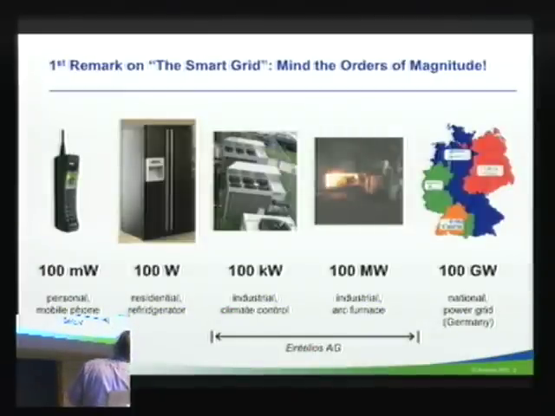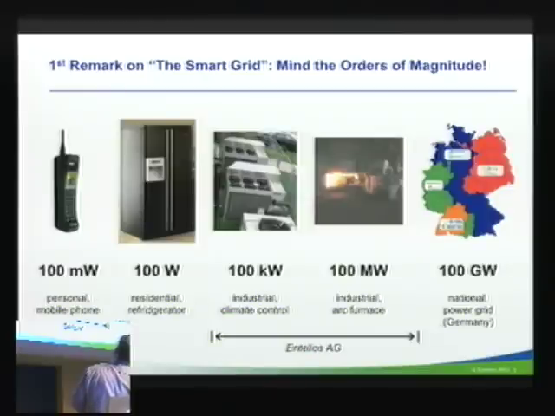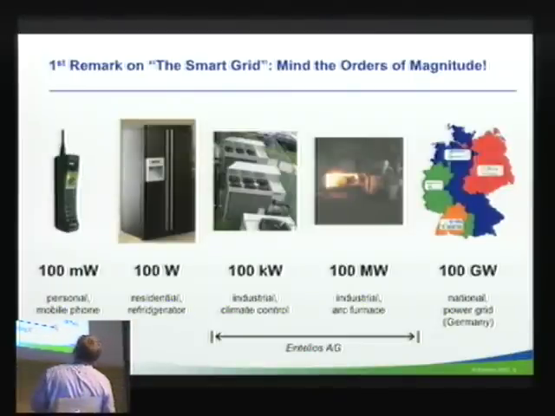This smart grid is largely associated with things like big black refrigerators, maybe they're white. But it's not. With demand-side management, you need to mind the order of magnitude. Here, a refrigerator has like 100 watts, and I put 3 orders of magnitude between each of these things.